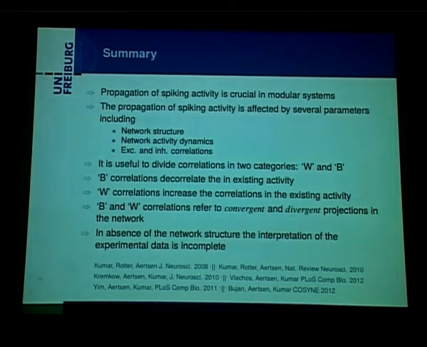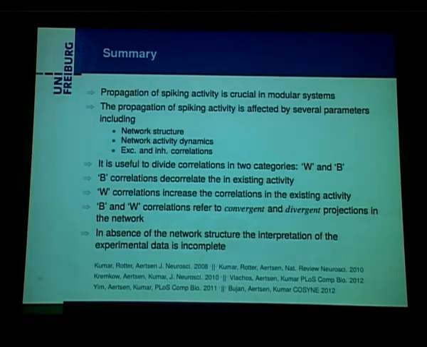Just to summarize what I said, what I was interested in is how networks communicate. And I argued that what we need to know for that is three things: what is the input, what is the projection structure, and what is the ongoing activity. In that process, I ended up defining correlations in terms of W's and B's. W meaning convergent, if you wish, in a simple way, and B meaning divergent.